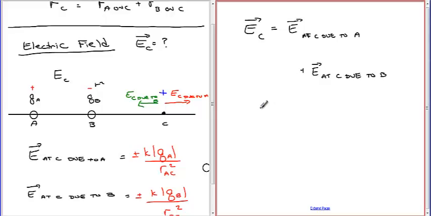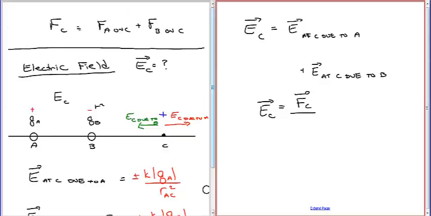The other way to calculate the electric field at C is to take the force at C, which we've calculated in the first thing right here, the force on C, and you divide by the charge at C from the first part of the problem.